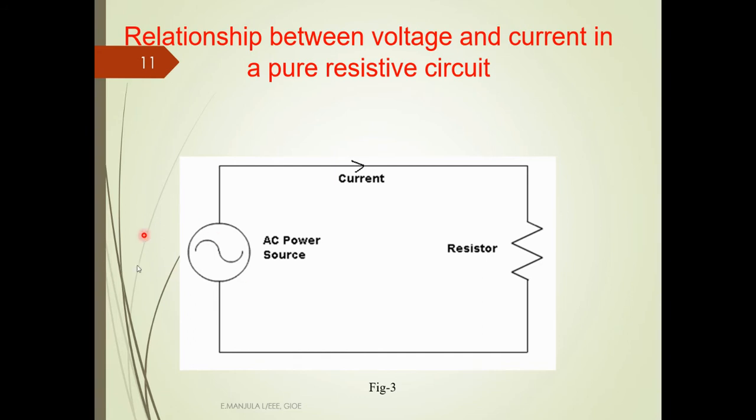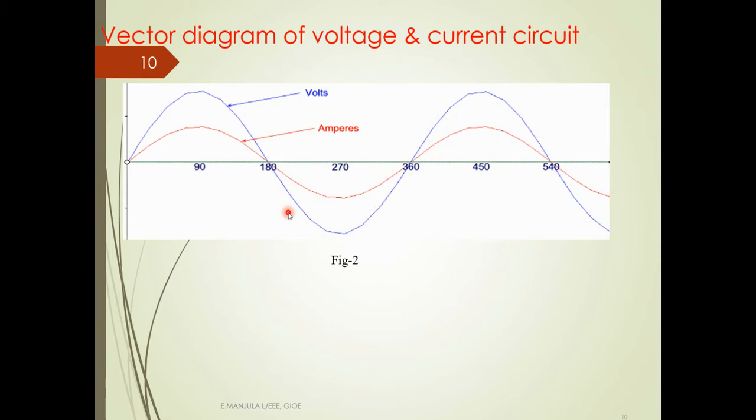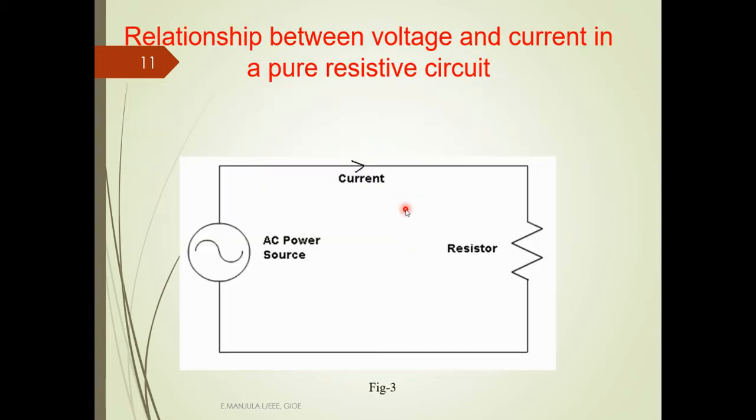This is a circuit, here an AC power source, resistance and current. We can observe that the current is passing from the source through the resistor and again back to the source. And from this waveform, we can also say that both the voltage and current are in phase. If we observe, they both are in phase.